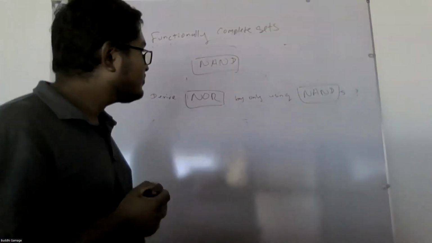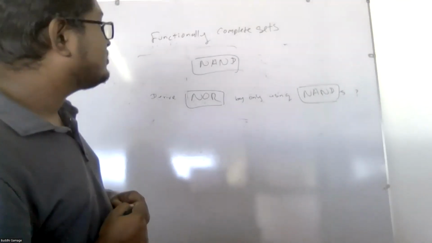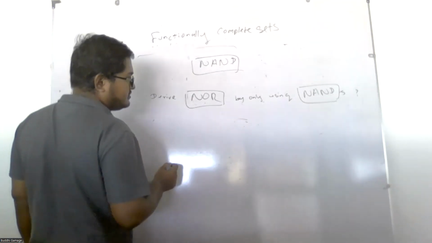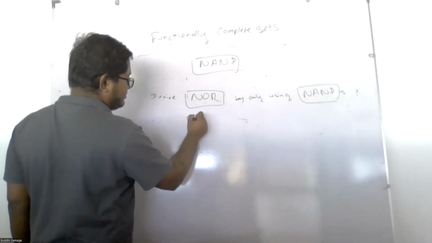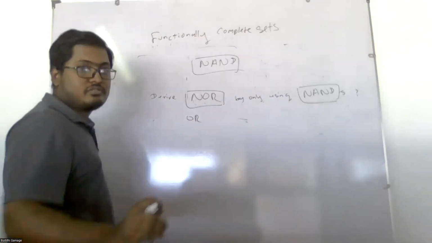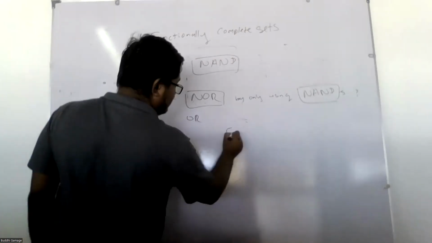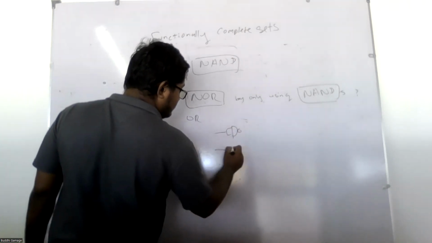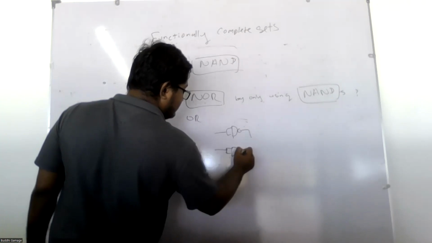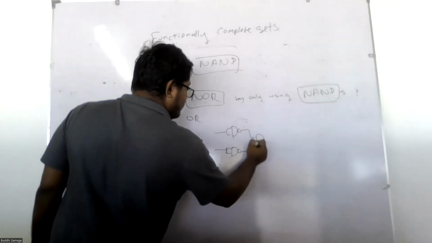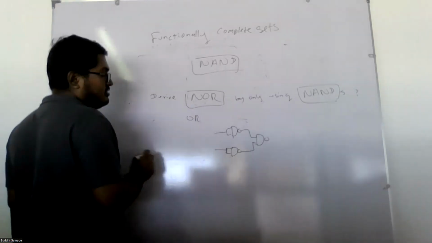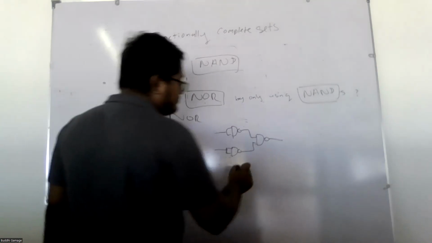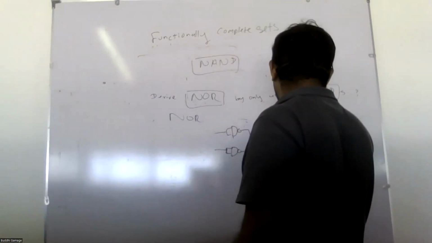Right. So what is actually the not gate, OR gate, and AND gate? The OR gate and not are simple, right? Put another.